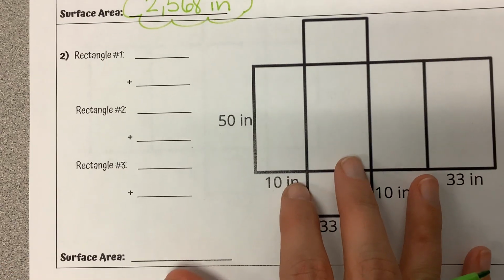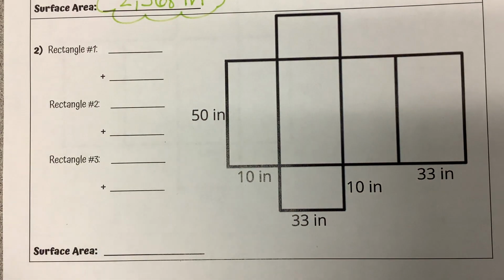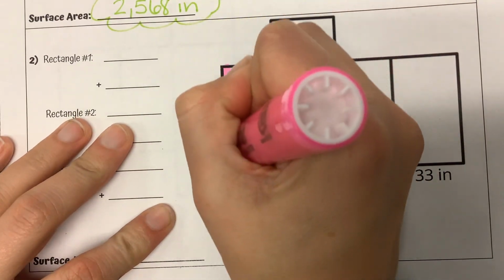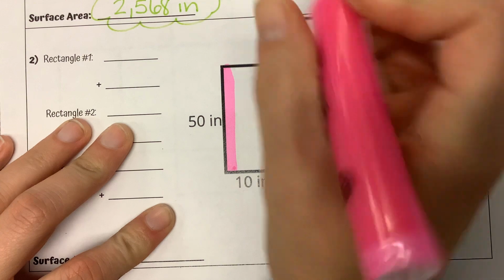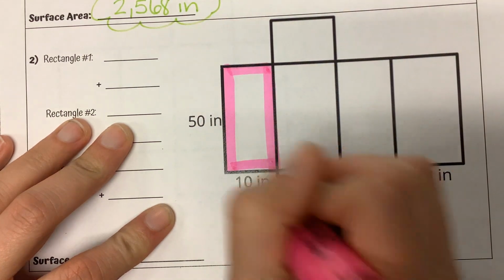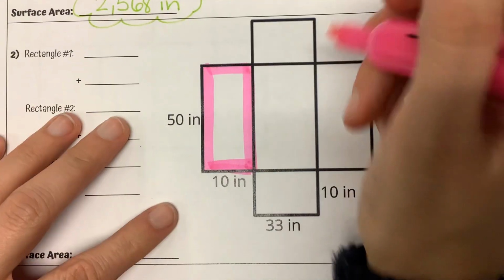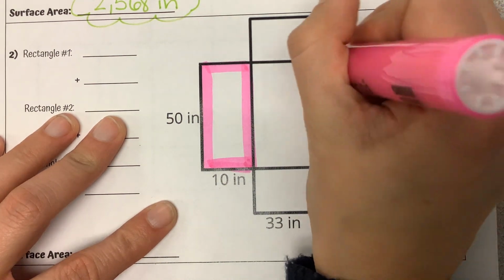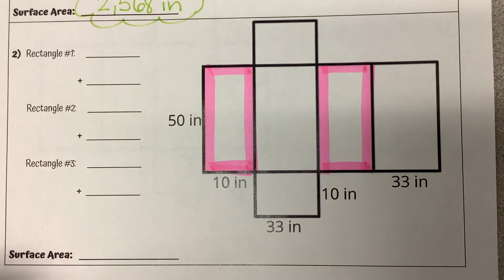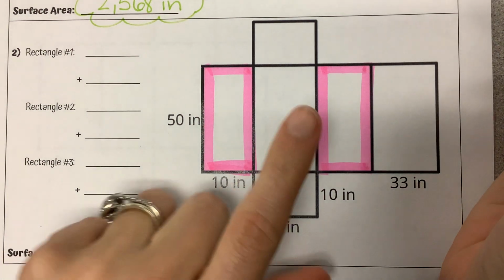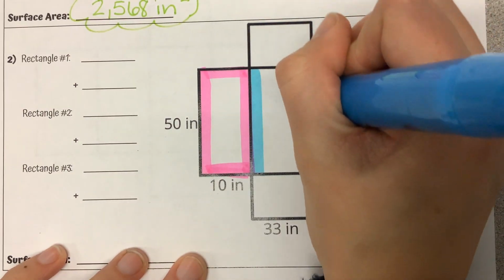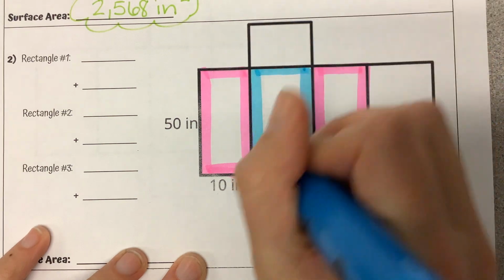Let's try that again. So getting out our 3 highlighter colors. Remembering, I'm just gonna start with 1, starting with pink on the left. It alternates. Pink, not pink. Pink, and not pink. My second rectangle here, I'm highlighting in blue.